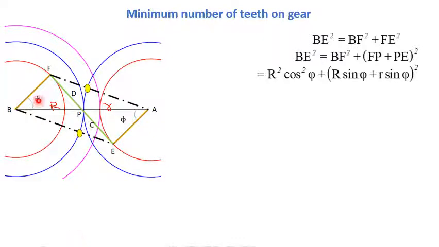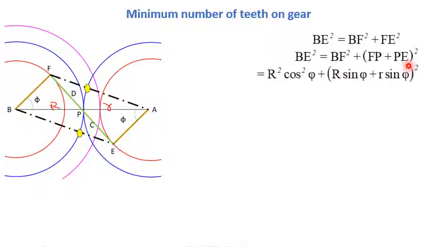FP, in this triangle BFP, is the opposite side, therefore R sin phi.